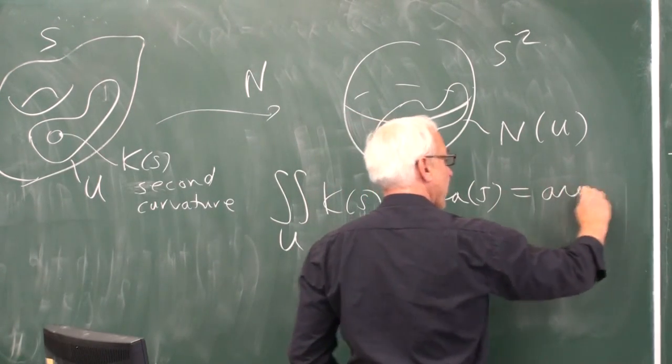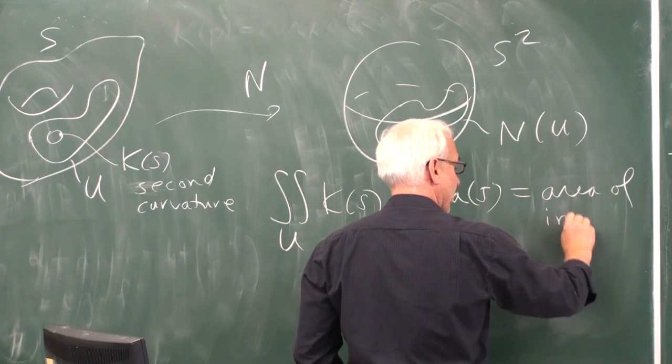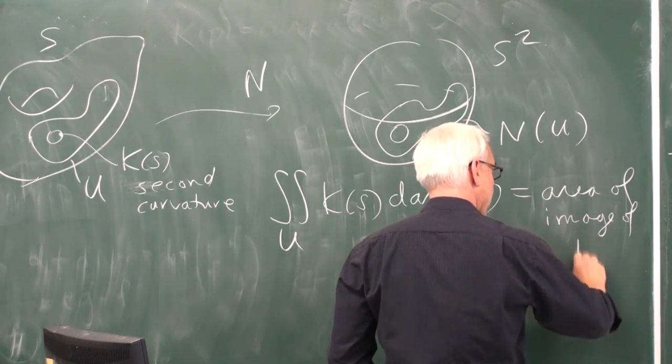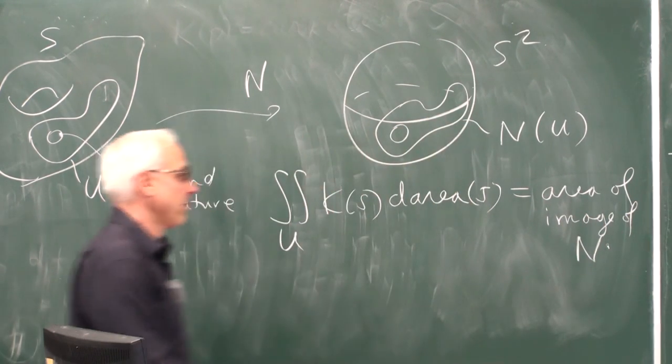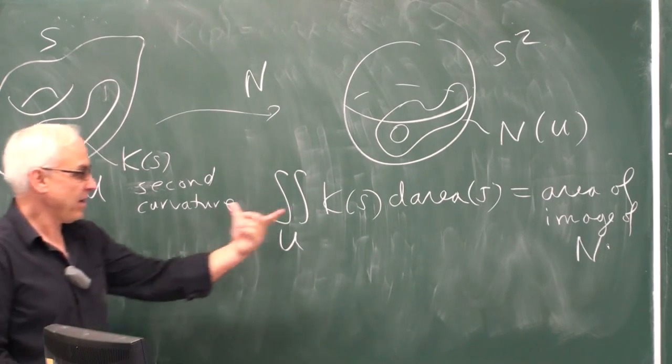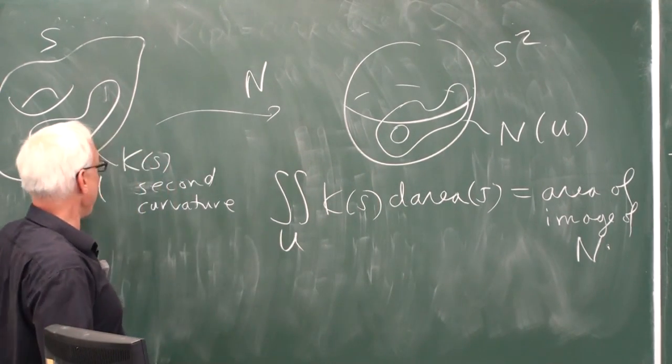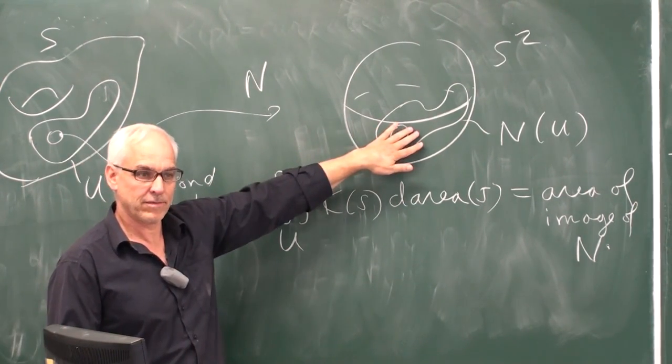We get the area of the image of n, because infinitesimally, K times dA here is dA here.